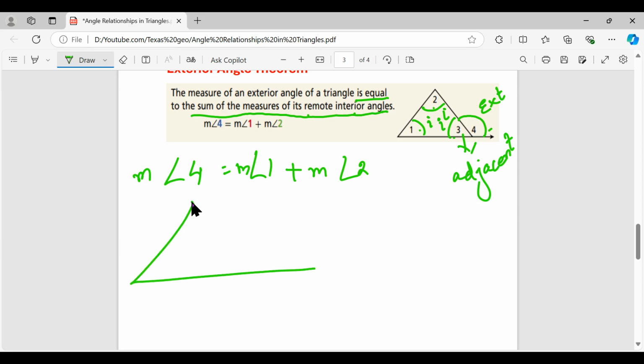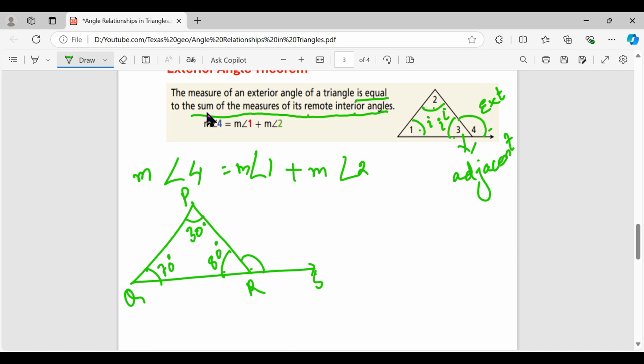Suppose you have a triangle PQR, and this is the extension, and here are your angles. Suppose I say here we have 30 degrees, here we have 70 degrees, and here we have 80 degrees.